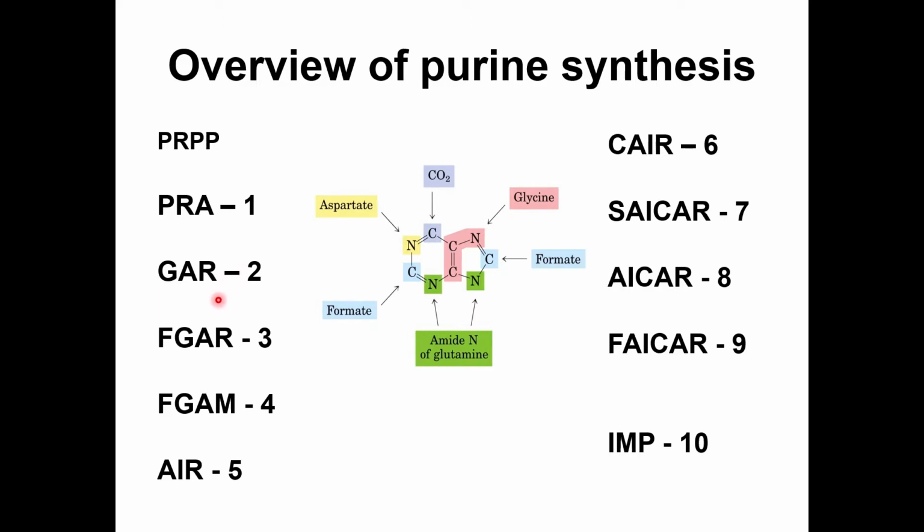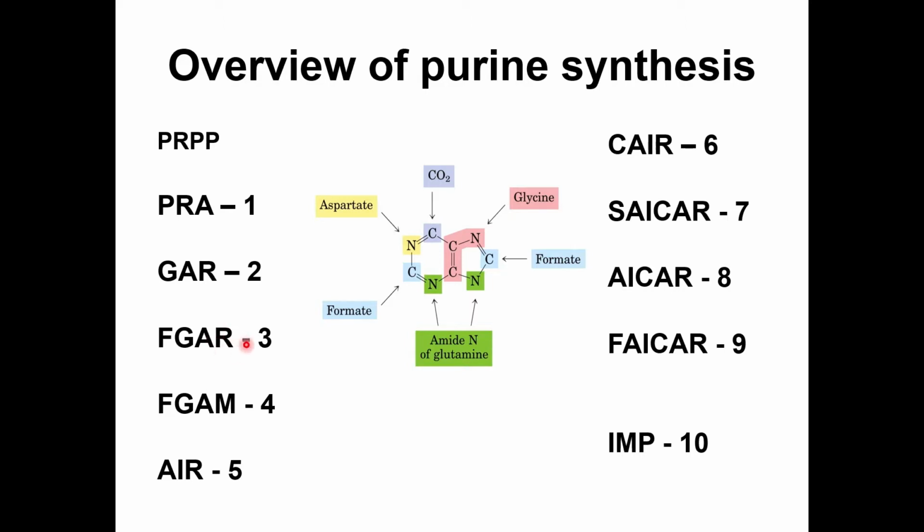Then from GAR to FGAR, formylation is taking place in this step, and the enzyme is GAR transformylase. N10 formyl tetrahydrofolate donates its formyl group to GAR to form FGAR, that is formyl glycinamide ribonucleotide.